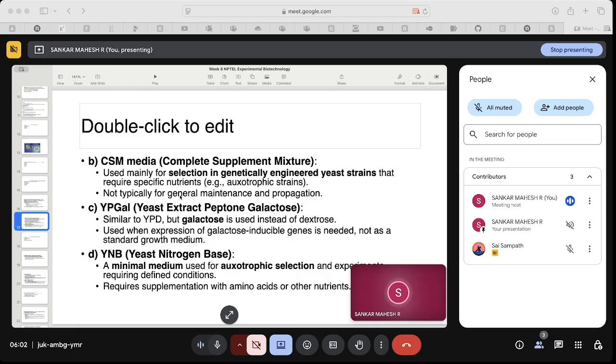Here galactose is the source of sugar. So this again depends on what you want to do within the cell. For example, in yeast you have galactose-based promoters, which means that galactose will induce the expression of your protein of interest. So in cases where the plasmids have these gal promoters, you can't use YP gal.